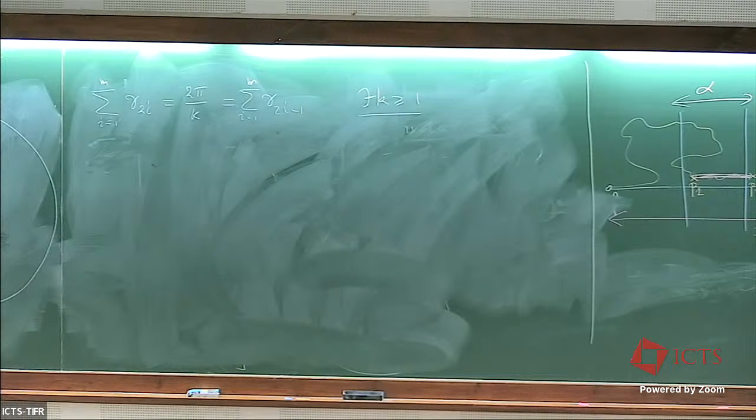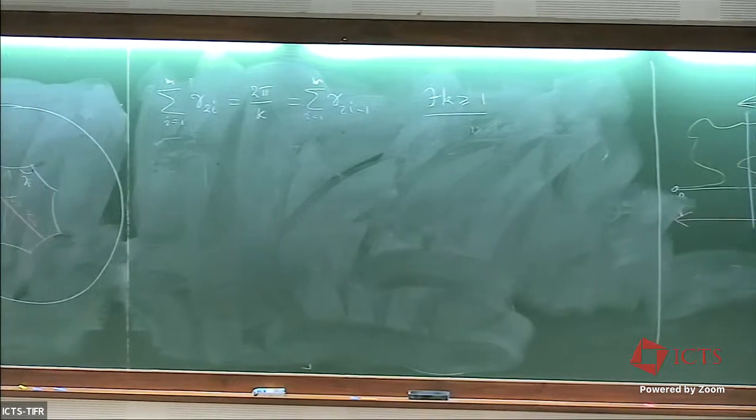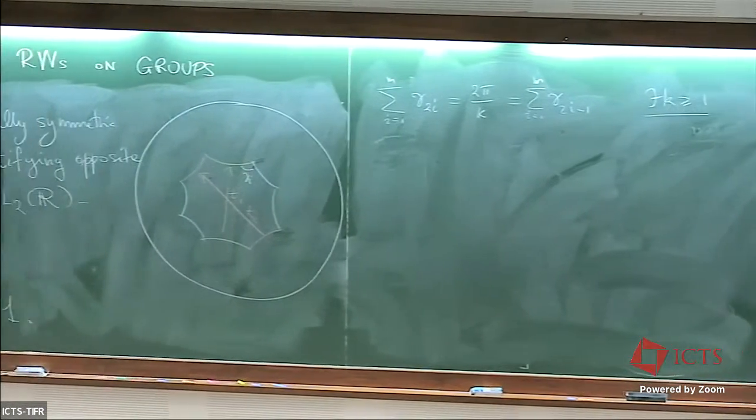Yeah, because when you identify here, you can go multiple times around the tessellation, once or more than once. No, I think it's still a surface.